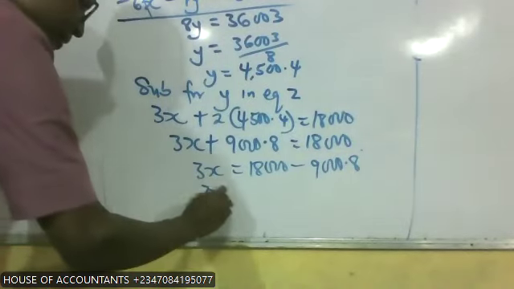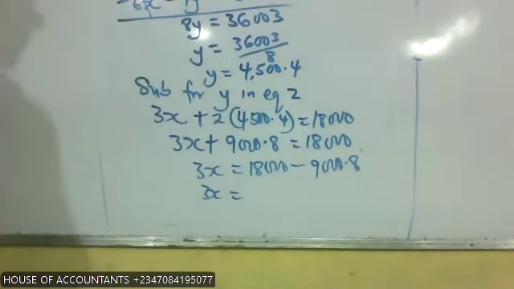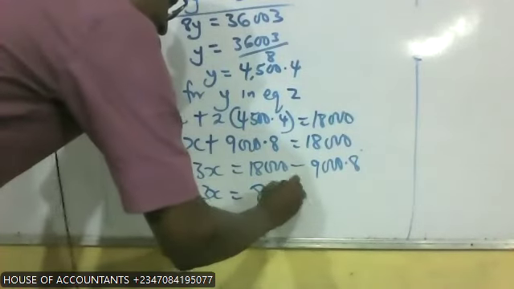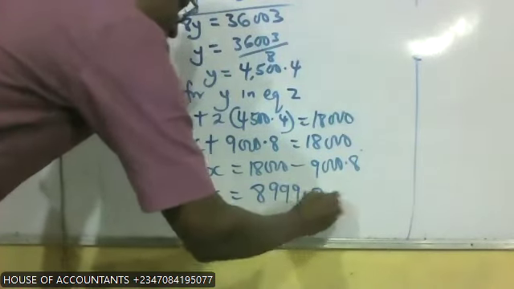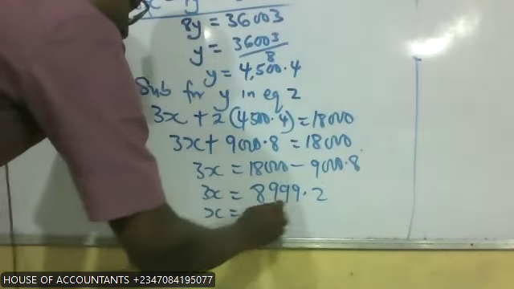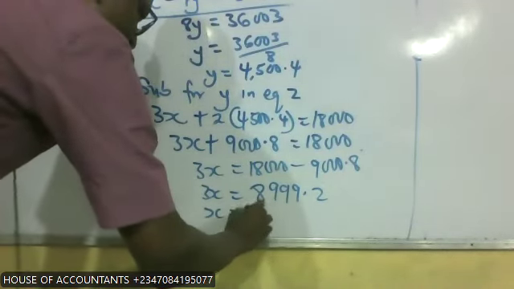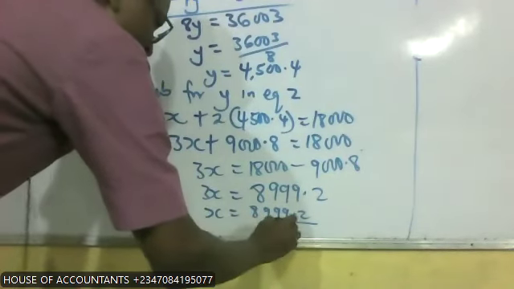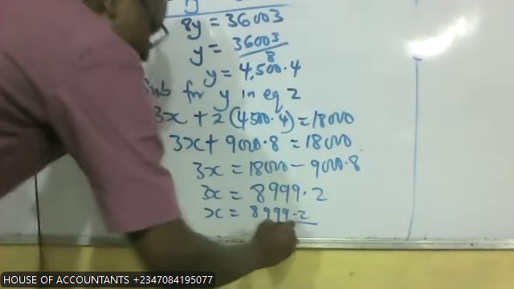So 3x equals what? 8999.2. So x equals 8999.2 divided by what? 3.